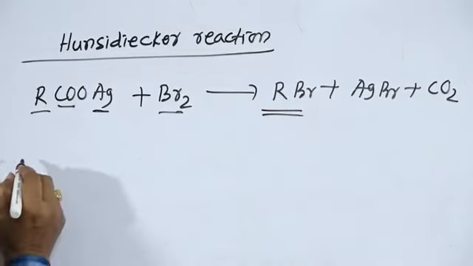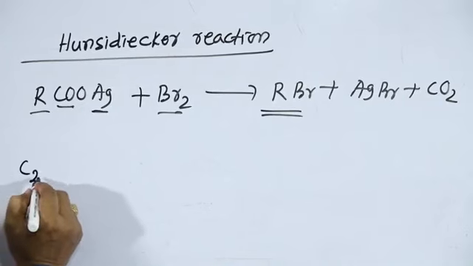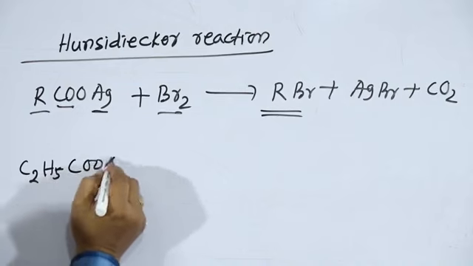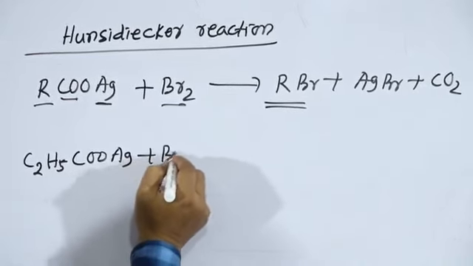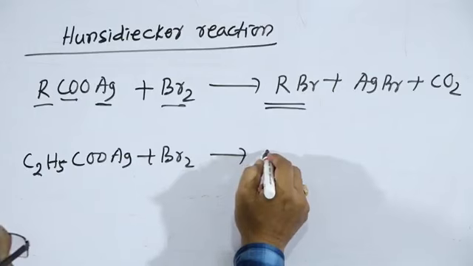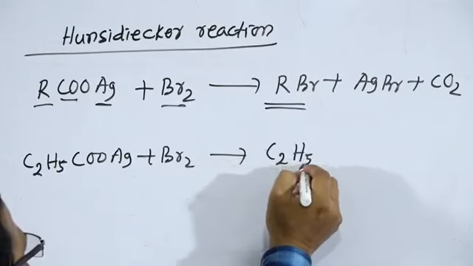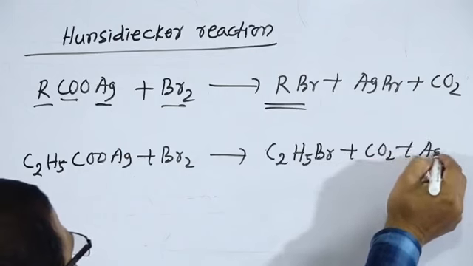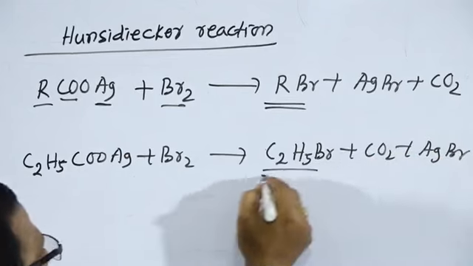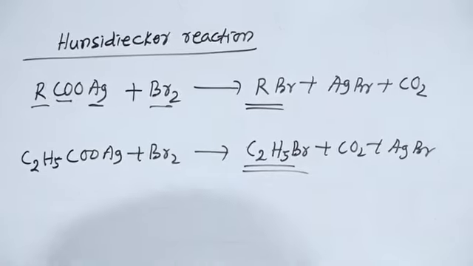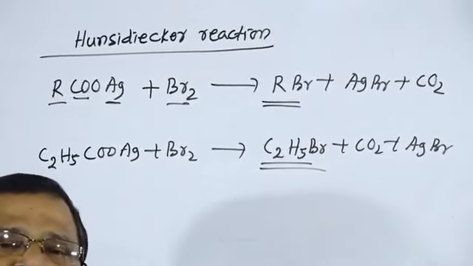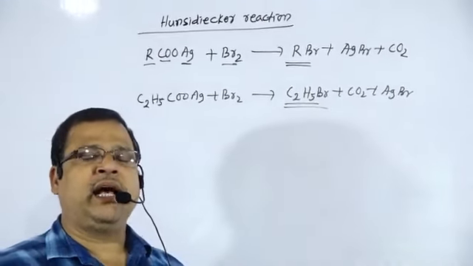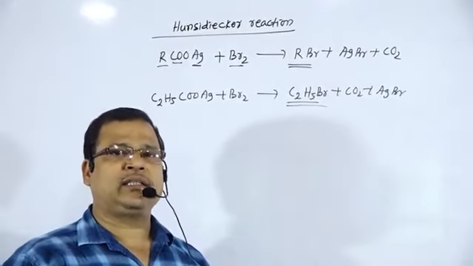Take the example of C2H5COOAg plus Br2, which combines to form C2H5Br plus CO2 plus AgBr, that is ethyl bromide. So these are the different methods for the preparation of alkyl halides, that is bromides, chlorides, etc.